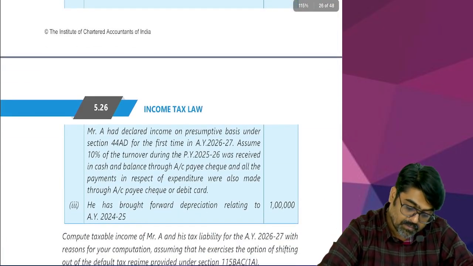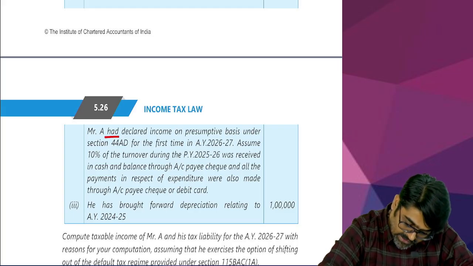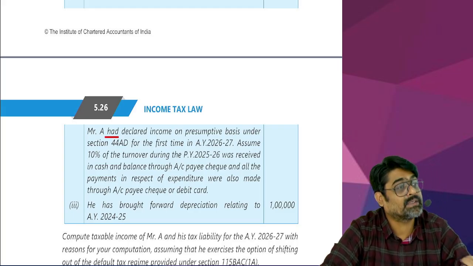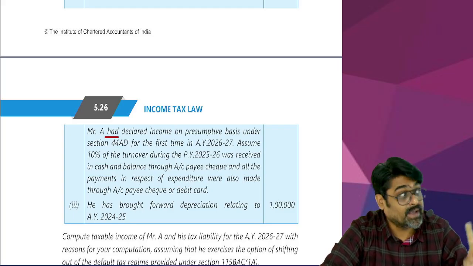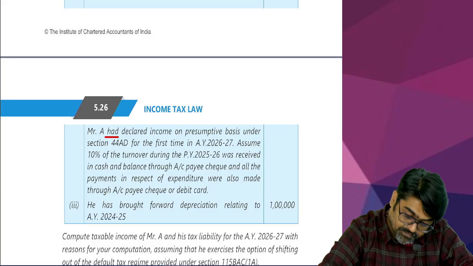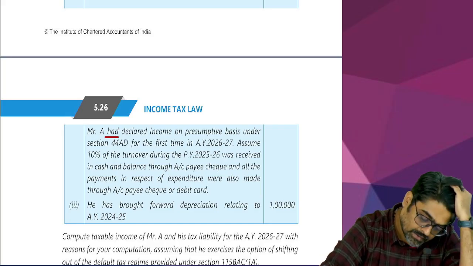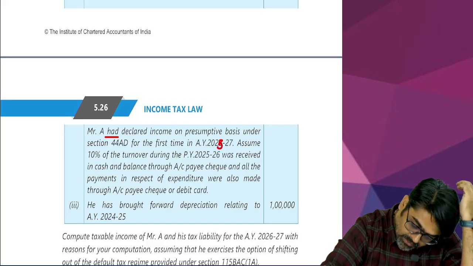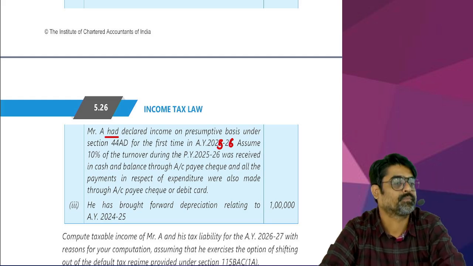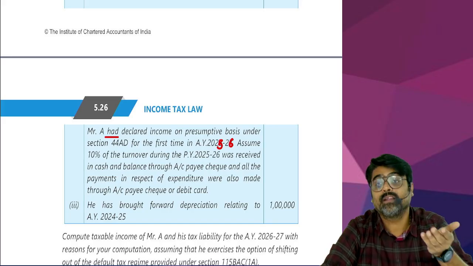Now see, Mr. A had declared income. Had means this year or past. He had declared income on presumptive basis under the section in assessment year 25-26. Printing error. Had means in the past.